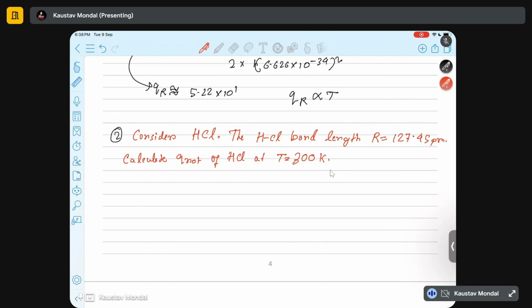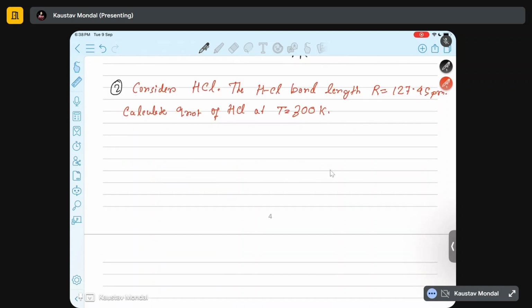Now here, a similar strategy will be followed. So the first thing is to write the masses, and from there calculate the reduced mass, and lastly the moment of inertia. So the hydrogen mass is 1.00784, chlorine mass is 35.453 u.